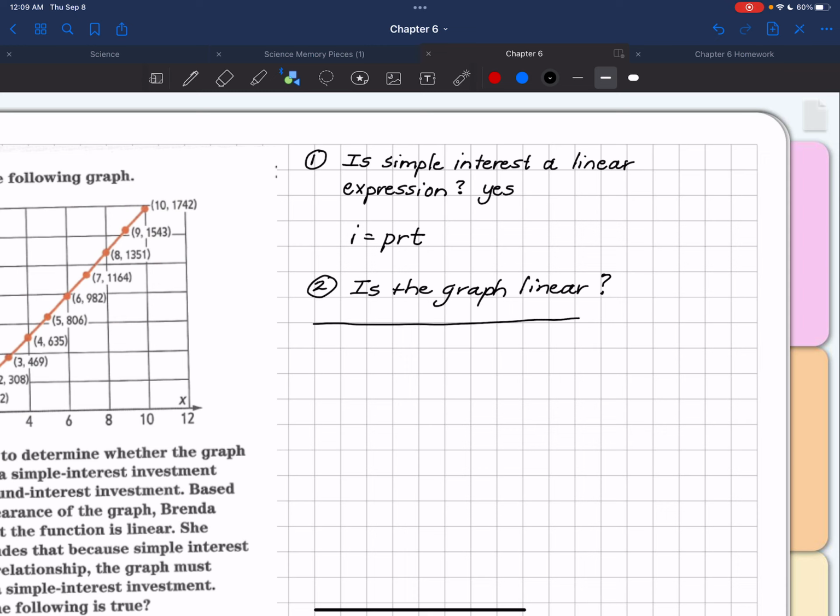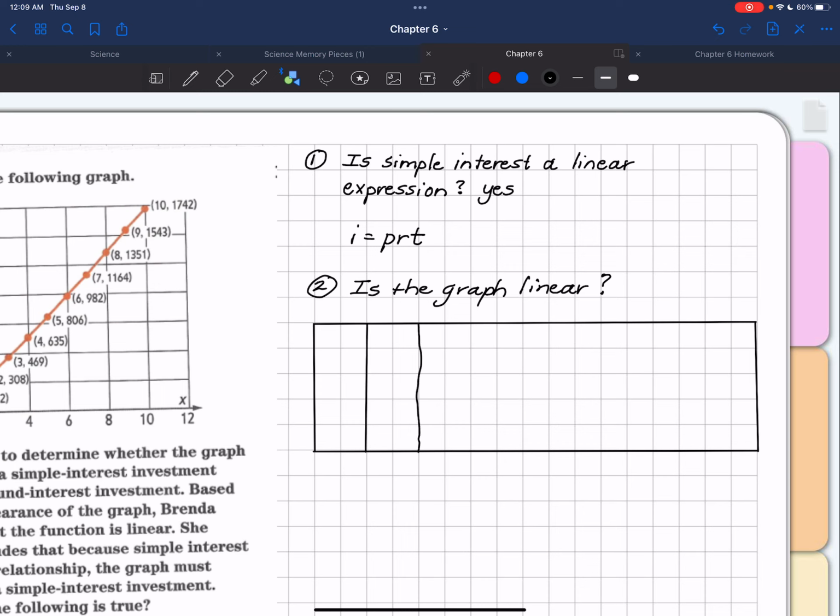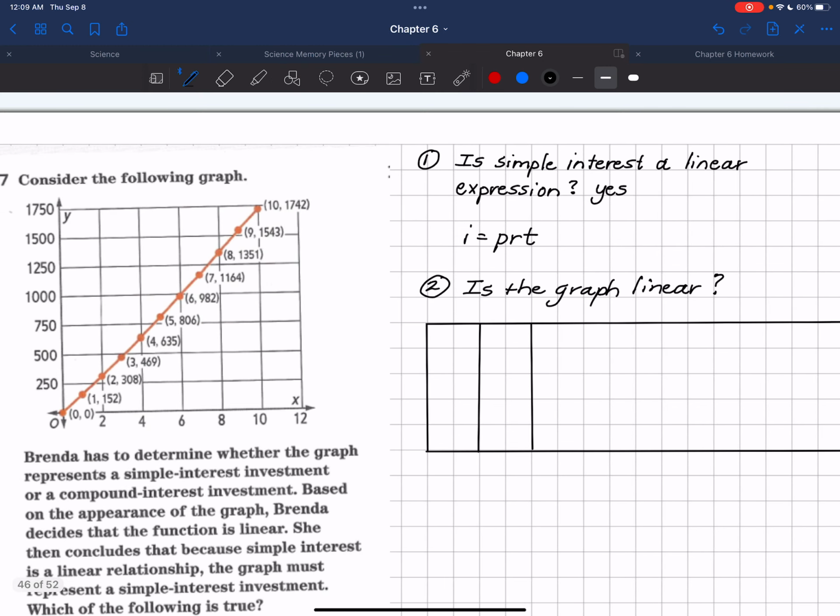I'm going to make a table with 5 coordinate pairs. And we don't have to do the math. They've already given me the math. So the first one is 0, 0.